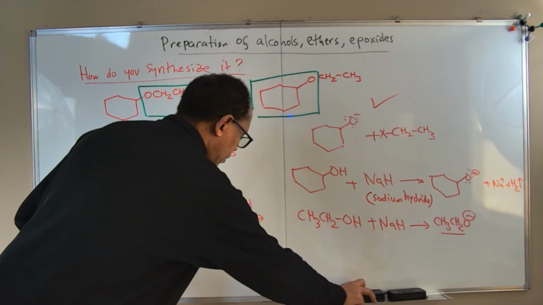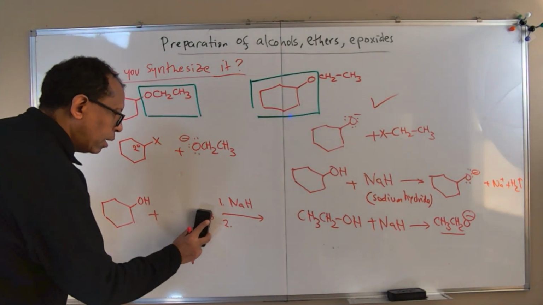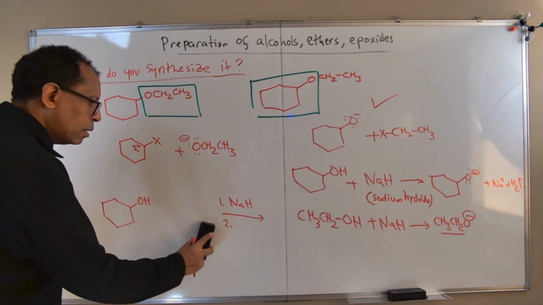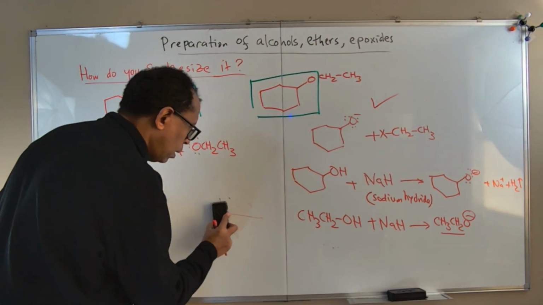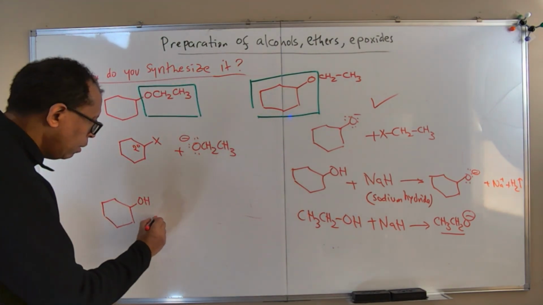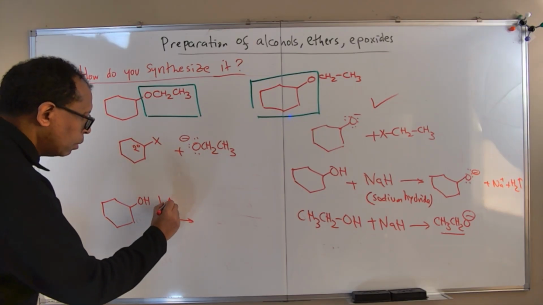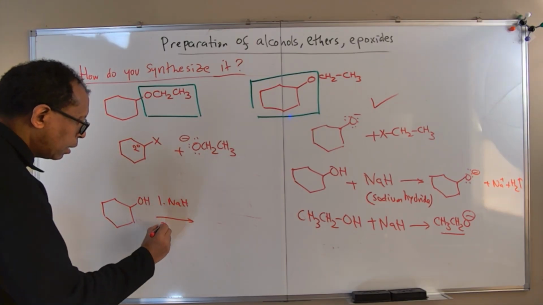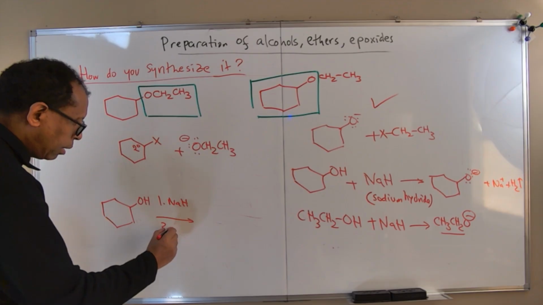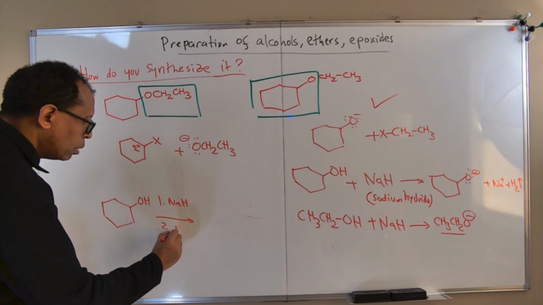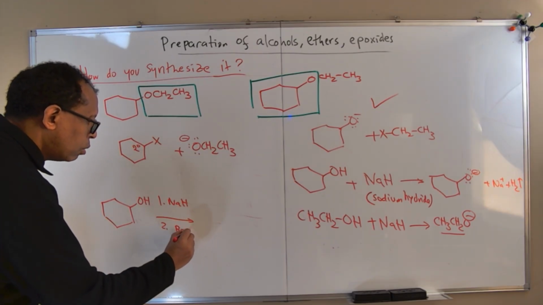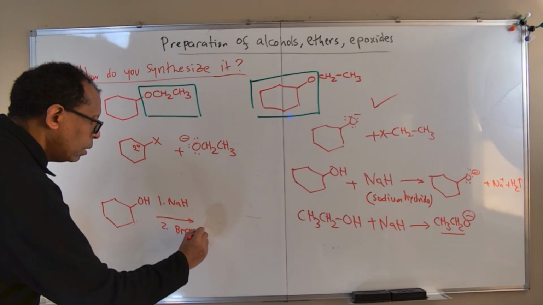So first step sodium hydride, second step you add the alkyl bromide, BrCH2CH3, it could be a chloro as well.